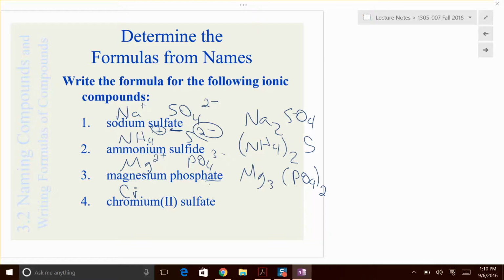Can I determine it from the periodic table? I can't. The name tells me the charge. They have to, because otherwise I wouldn't be able to do anything with it. Cr2+. Sulfate. What does that indicate? ATE, polyatomic ion. SO4, it's right up here. Sulfate, SO4, 2-. What is the resulting formula?